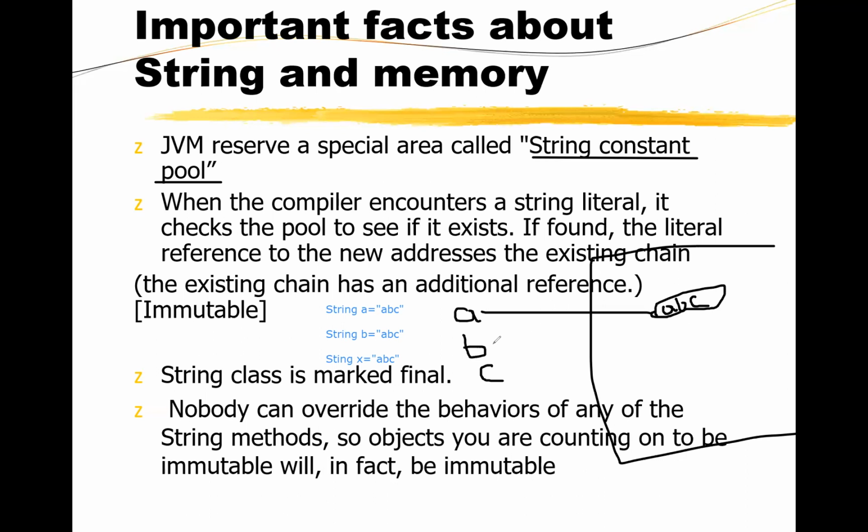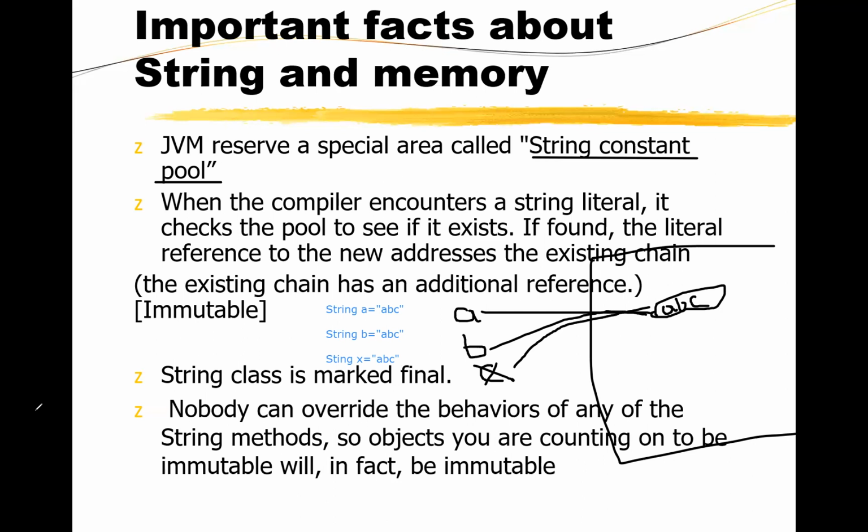Since the ABC object exists, rather than creating a new one, reference b also points to the same object ABC. Again, when X also equals ABC, the compiler checks whether any object called ABC is available in the constant pool. If it is available, then X will not create a new object but will refer to the same object ABC. This is how it's going to work out.